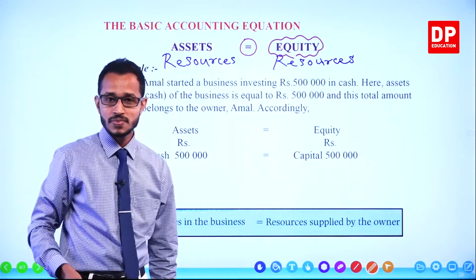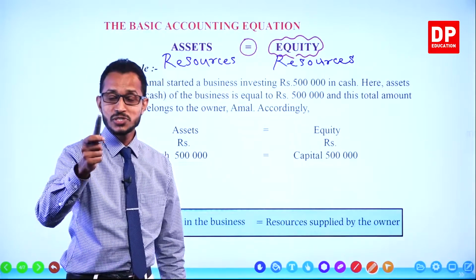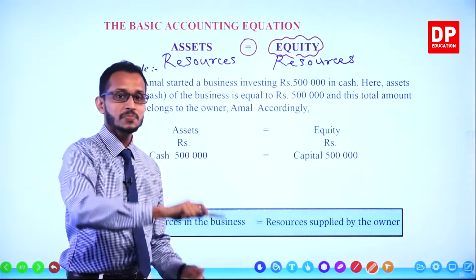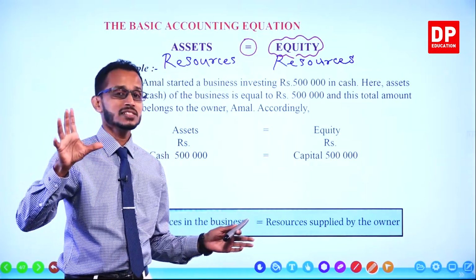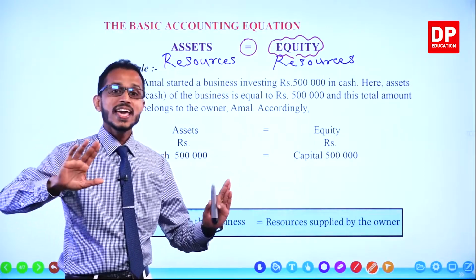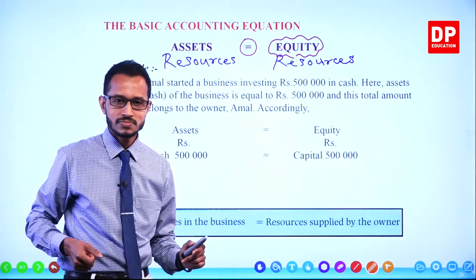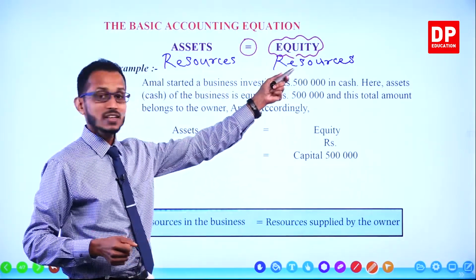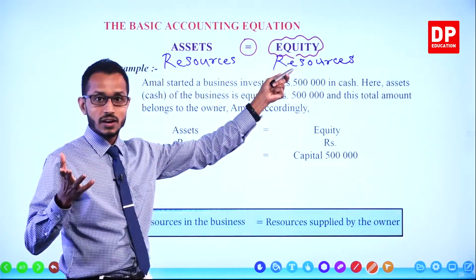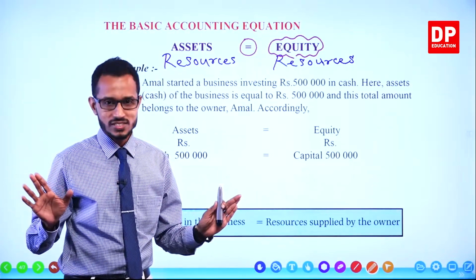Take this point. This equation is possible, children, only in a business which has no external liabilities. This situation is there in a business where there are no loans.